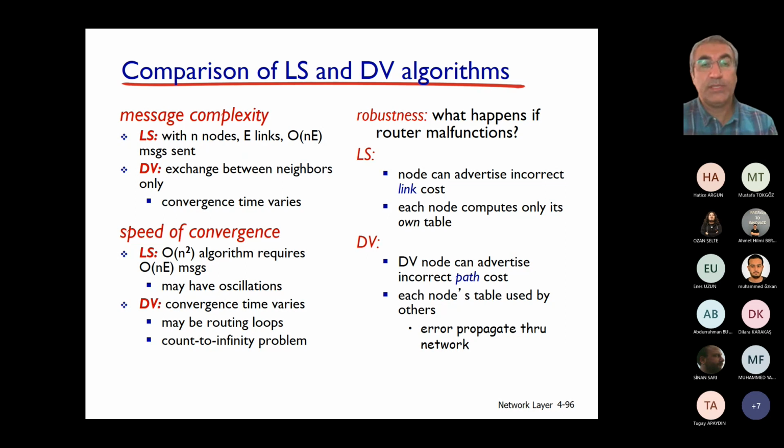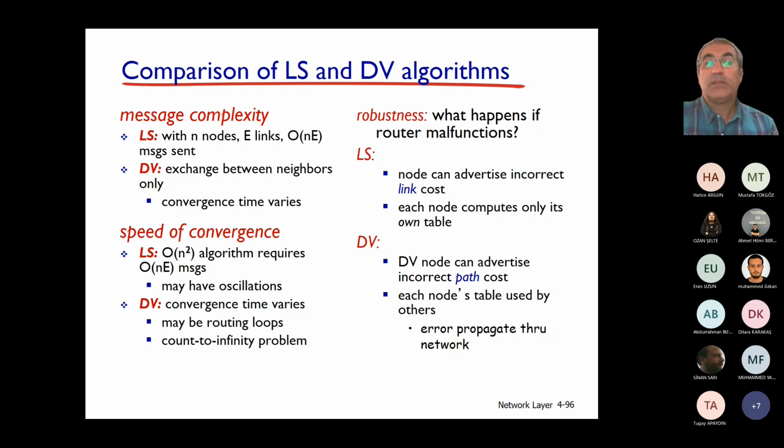For speed of convergence, in link state the O(n) square algorithm requires O(n e) messages, and this may have an oscillation problem that we showed. In the DV, again, convergence time varies because there might be some routing loops and other problems such as the count to infinity problem.